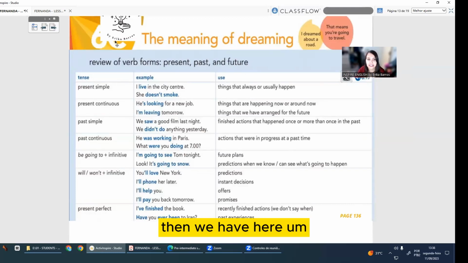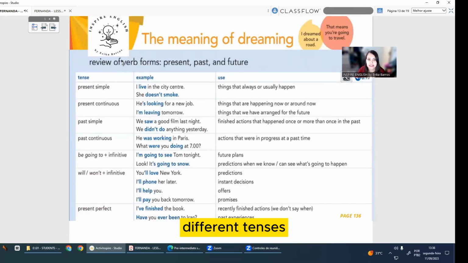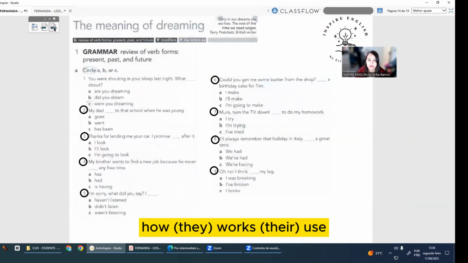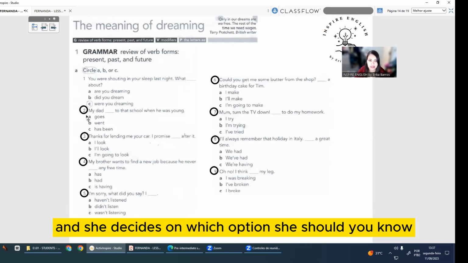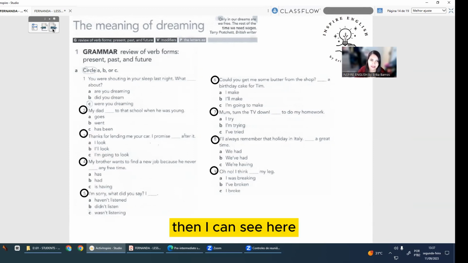Then we have here different tenses, how it works, the use. Then we do some exercise. I give her the mouse and she decides on which option she should choose. And then I can see here.